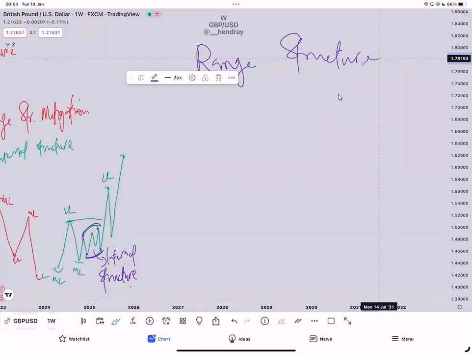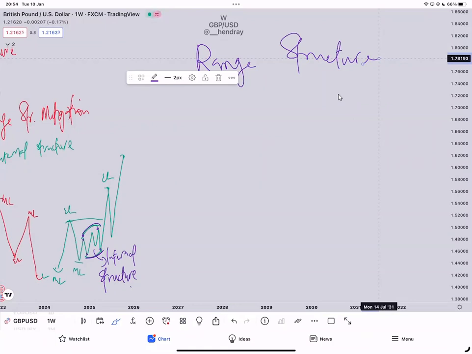I know all I'm saying here is English, but what I want you to understand is that range structures are more like lower time frame structures, corresponding lower time frame structures, which are also in the direction of the trend.